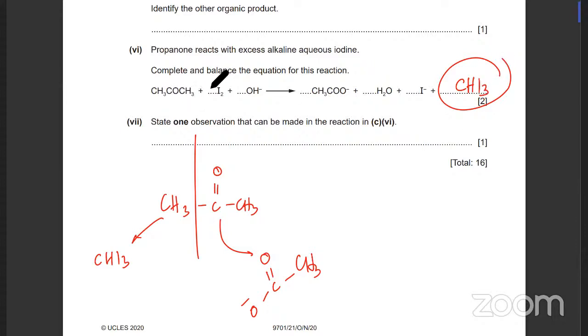So iodine reacts, and for this one we can use oxidation states. Can you tell me what the oxidation state of carbon over here is? Okay, what's the oxidation state of carbon?